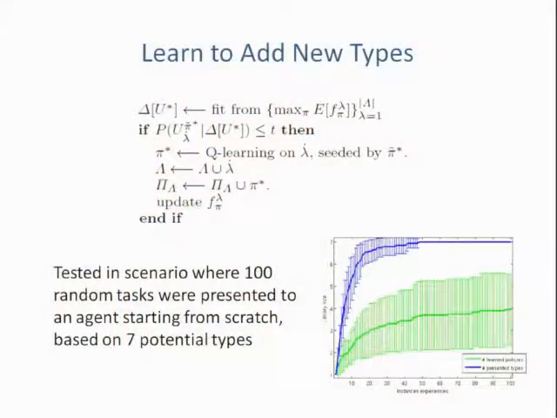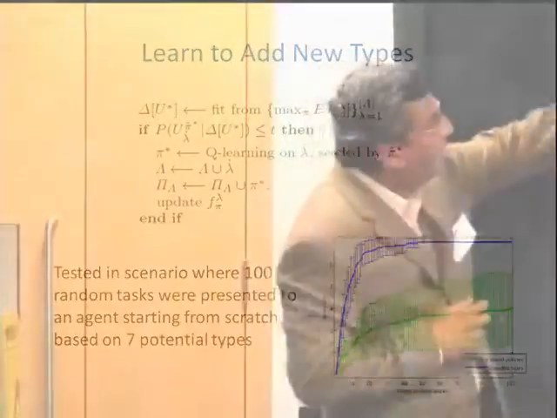Yeah, so every time we find ourselves in a situation like this, we want to use the performance to try to grow our library and get better at what's going on. So what we do is we do our best for policy reuse in terms of this original distribution that we had already learned on the number of different types that we have.